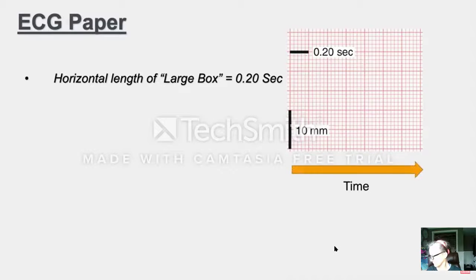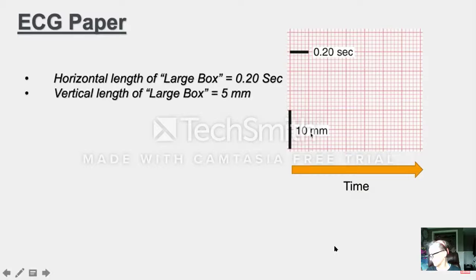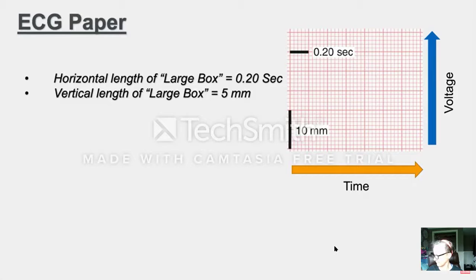So the horizontal axis of ECG paper denotes time. The vertical height of each large box denotes 5 millimeters. So the vertical axis denotes voltage of the particular wave you're looking at. Again, very important to recognize the horizontal axis denotes time, the vertical axis denotes voltage.